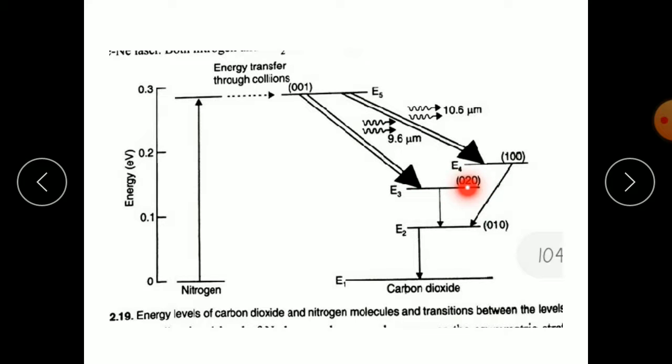If you see, this is 0, 2, 0: the first 0 means zero stretching mode, 2 represents 2 quanta of the bending mode, and the last 0 represents the asymmetric mode. This is the symmetric stretching mode, while this is the asymmetric stretching.